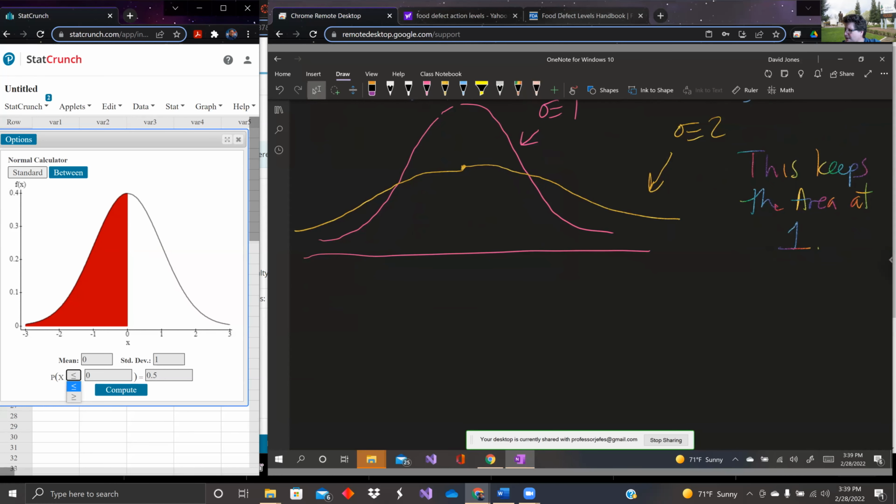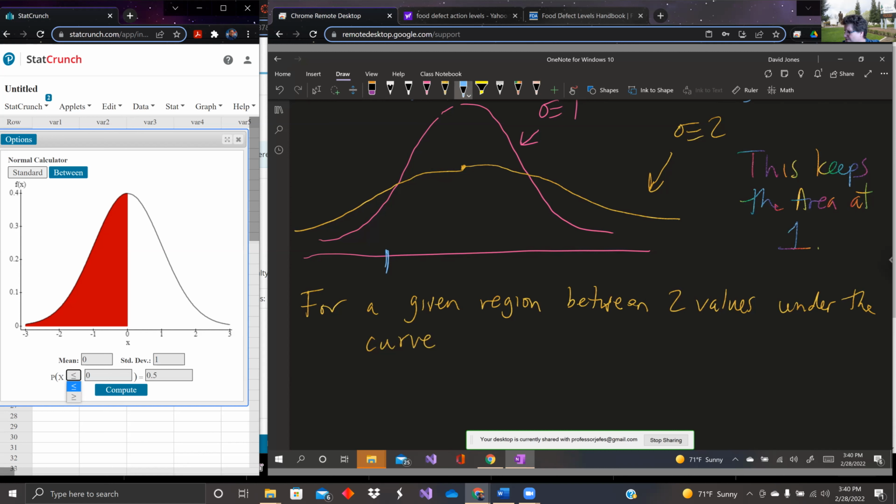So we can read this two ways. For a given area under the bell curve, let's call it a region between two values under the curve.